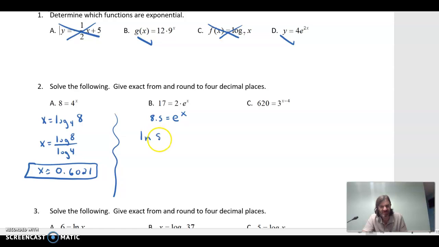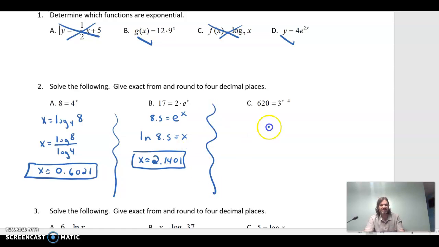It'll be the natural log of 8.5 equals x, which is definitely an exact answer. So we don't need to change a base since it's base e. So let's see, natural log of 8.5 is 2.1401 if we go to 4 decimal places.